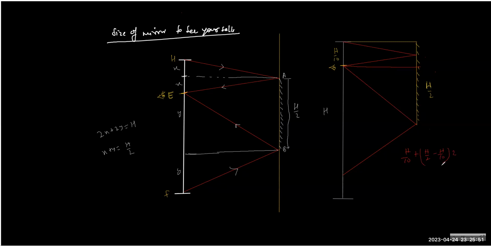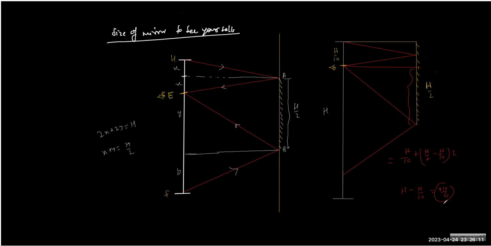It's clear. I think this is correct now. So what is the answer? h minus 9h by 10, h by 10 only. So whatever is this length, you can see twice of this value below and all the value above.